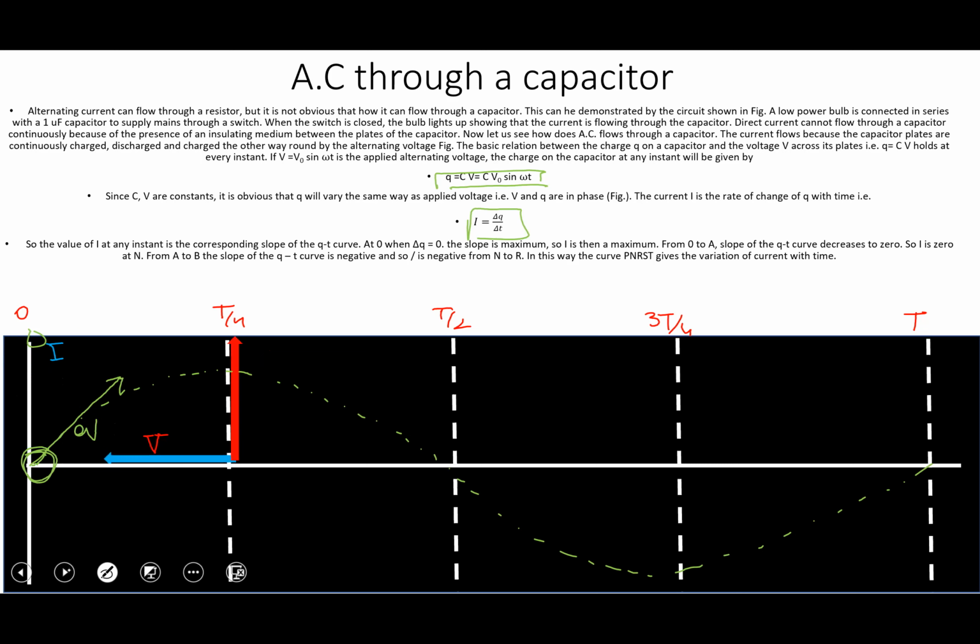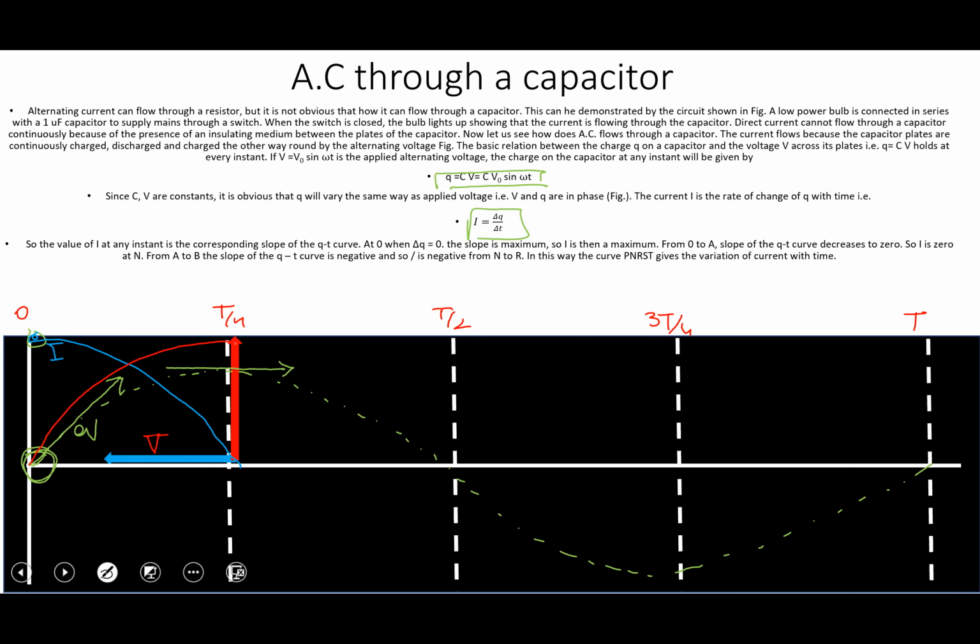We can see over here the slope at this point is 0 and the current has gotten to the point of 0. So let us draw this current now. The current was maximum at point O. It decreased to 0 at T by 4, and the voltage basically increased to maximum value at T by 4.